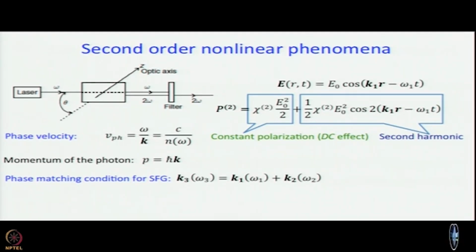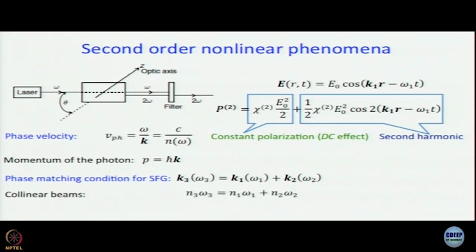So, what can I write instead of k 3? Instead of k 3 I can write omega 3 multiplied by n for omega 3, that is the left hand side. What will I have on the right hand side? n 1 multiplied by omega 1 plus n 2 multiplied by omega 2.